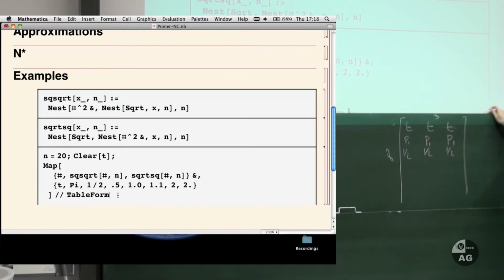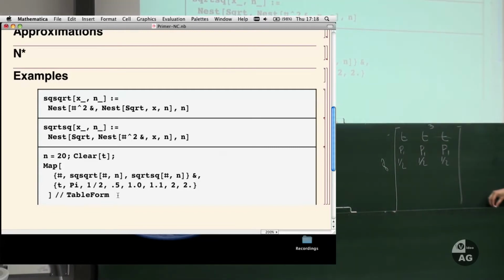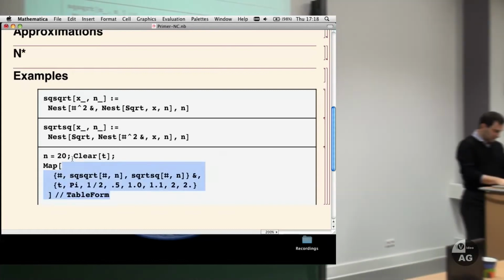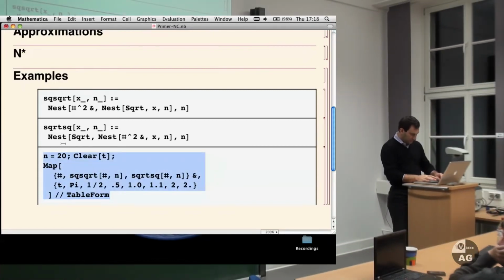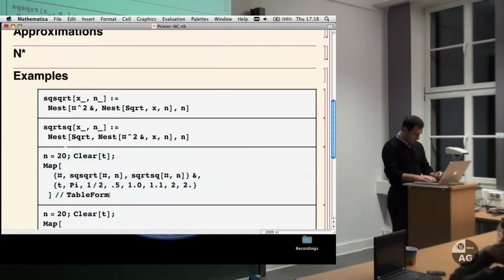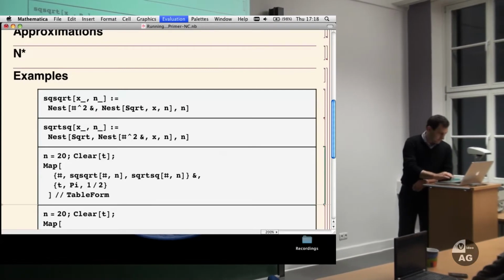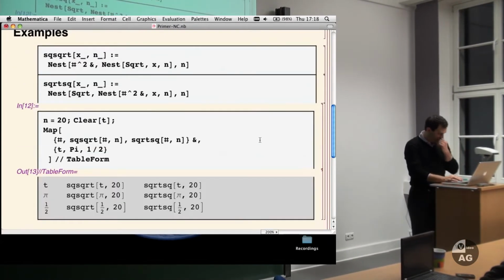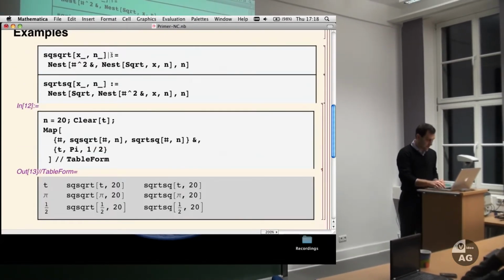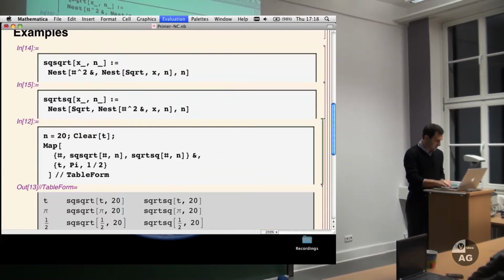Okay, let me stop here, otherwise it becomes a speculation. So let's see what these three first numbers do. Yeah, that's what they do if you don't evaluate the functions.